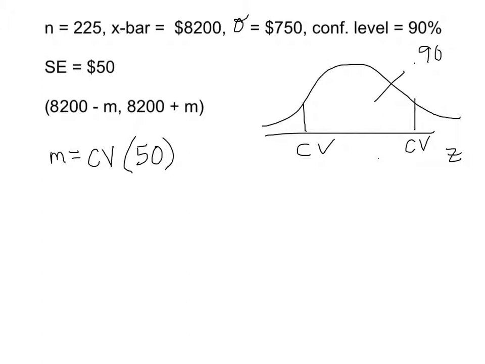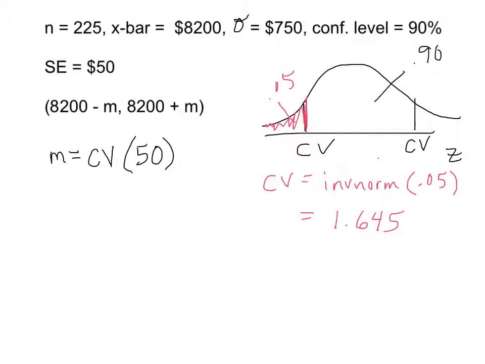I'm just going to look at the one on the left to obtain that critical value. And I get the critical value is going to be inverse norm, and the area to the left of that is going to be 0.05 because we've got 10% on the outside and half of that would be 0.05. So I get my critical value of 1.645.